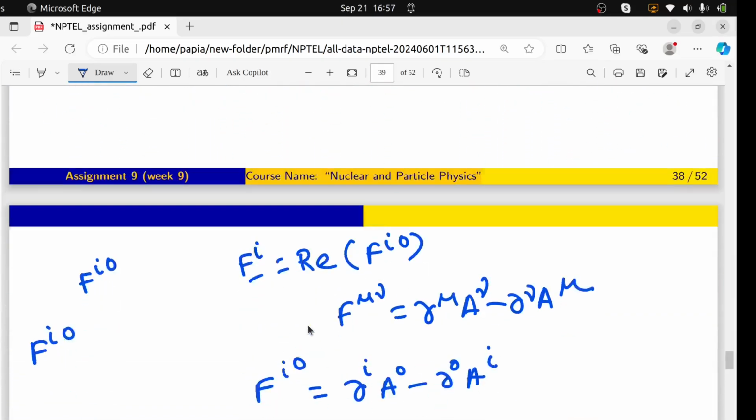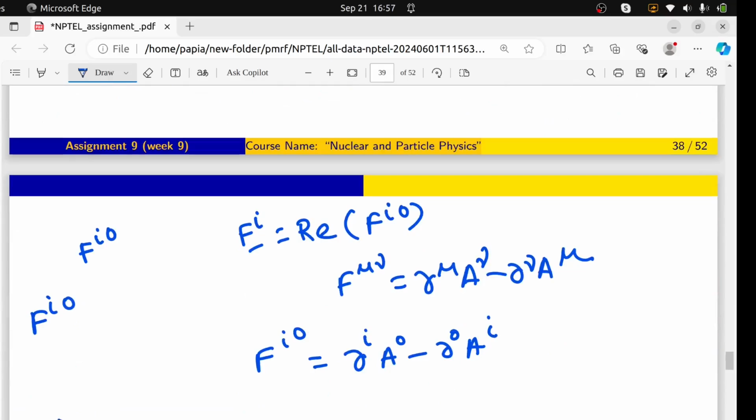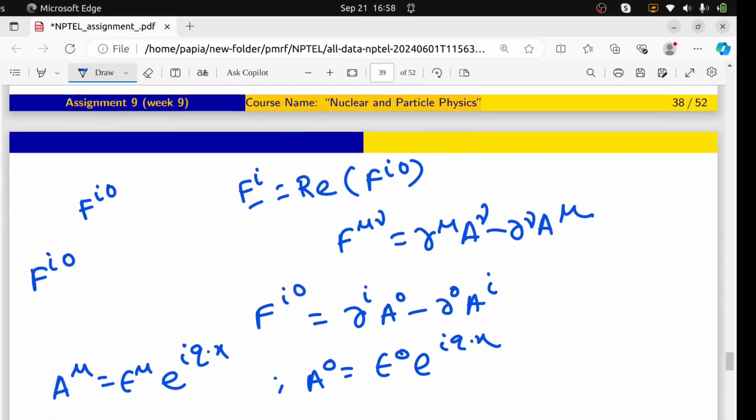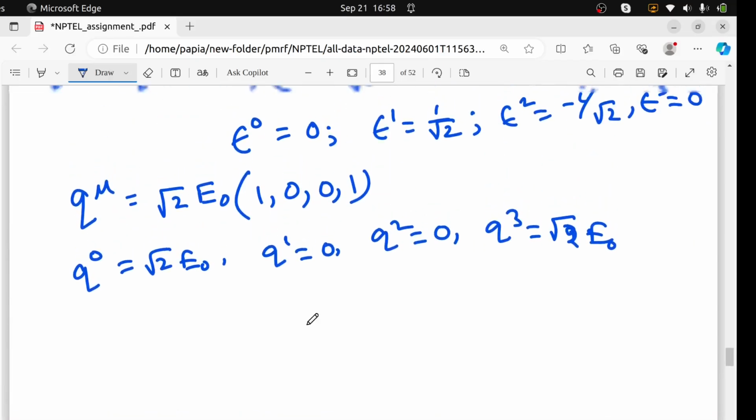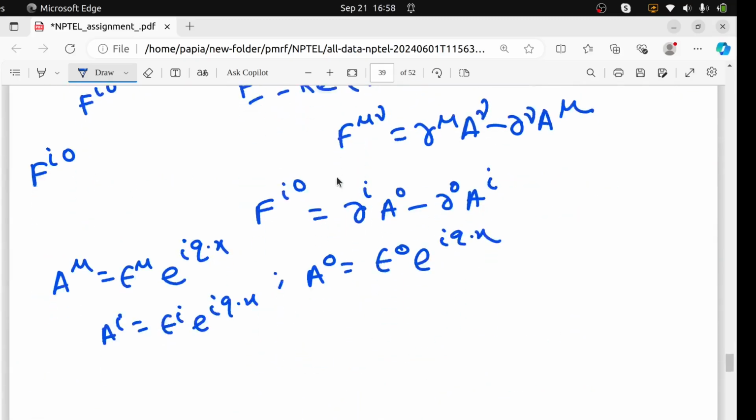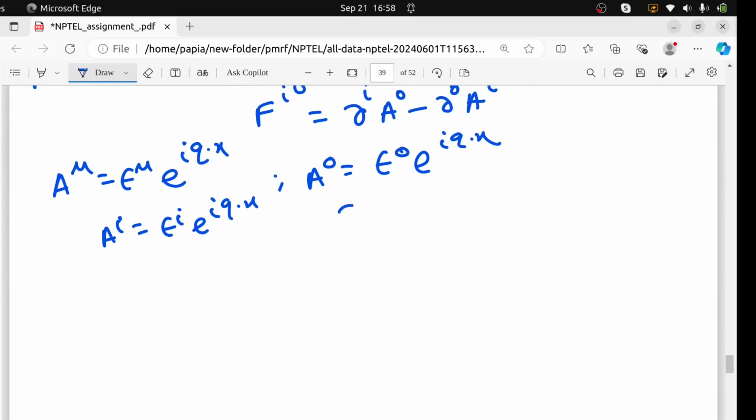A mu equals whatever is given, A mu is epsilon mu e to the power i q dot x. So A0 is epsilon 0 e to the power i q dot x, and then Ai is epsilon i e to the power i q dot x. Now epsilon 0 has the value 0, so A0 will also be 0.